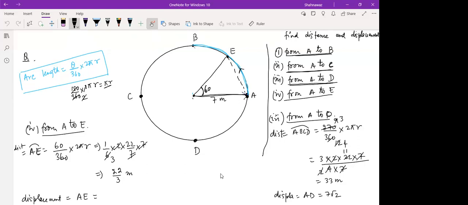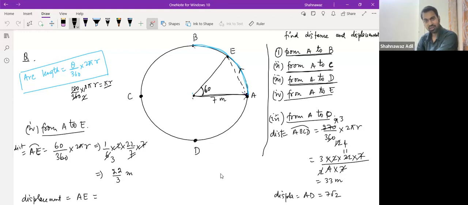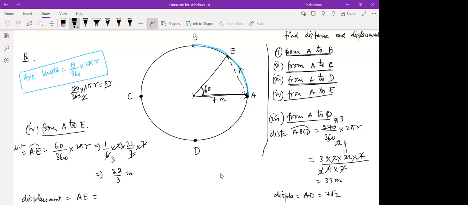The sector formula, where we subtract the triangle from the sector and then we get the area. In the sector formula, you calculate the area of the sector, right? Yes, sir. But we need to find only this AE length.